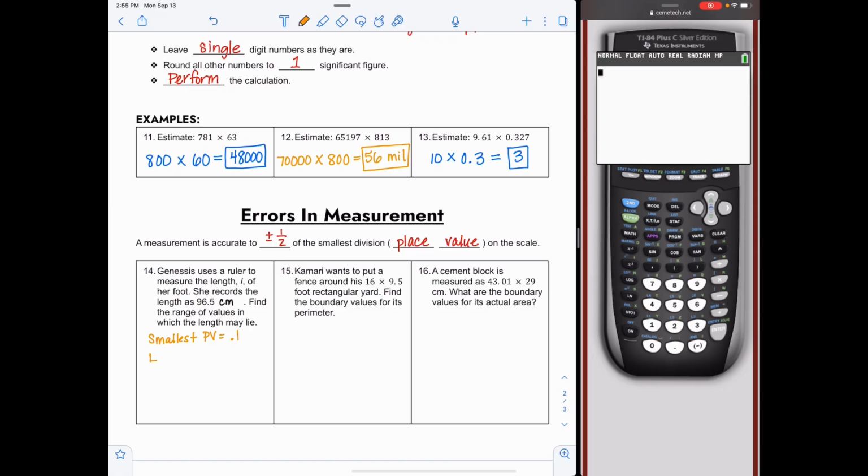Now, as far as the accuracy of measurement or the error in the measurement, the error is going to be plus or minus 1/2 of the smallest division. So we're going to have plus or minus, we're going to do 0.1 divided by 2, since it's 1/2 of that amount, which means that we can either go below or above by 0.05.